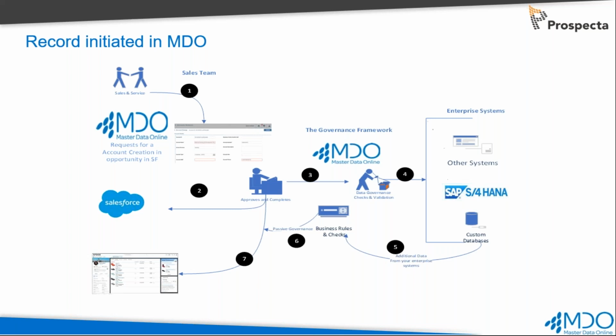Even if there is additional data from enterprise systems, MDO can be the rule engine which will keep checking the data quality and making sure that it complies with the right set of business rules that we have predefined there. That is the component that we call the passive governance piece. So it will be a mix of both the active and passive governance components of MDO.